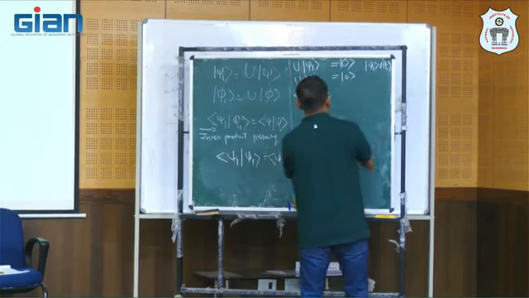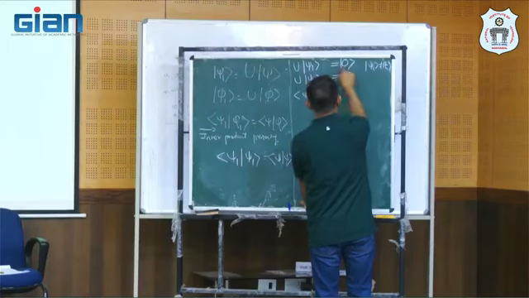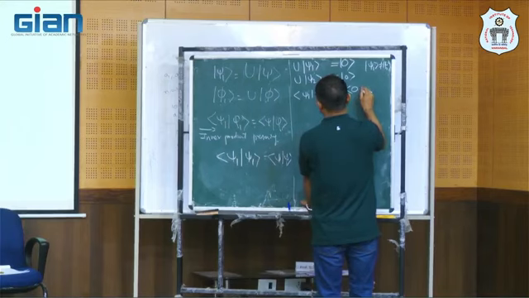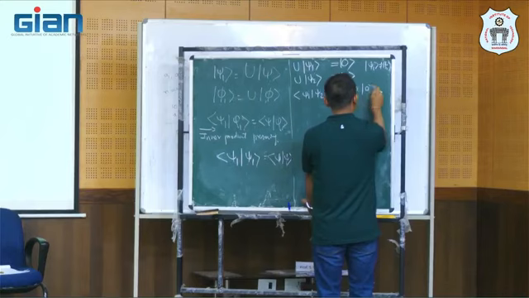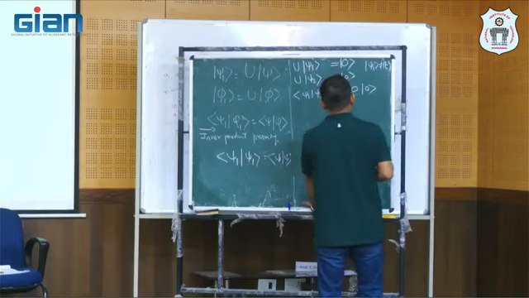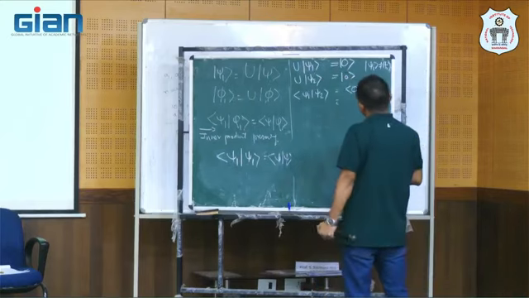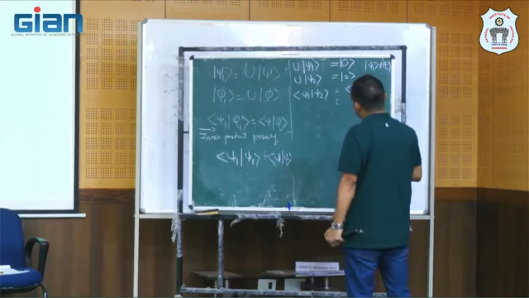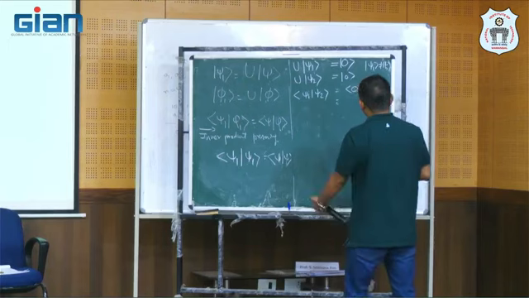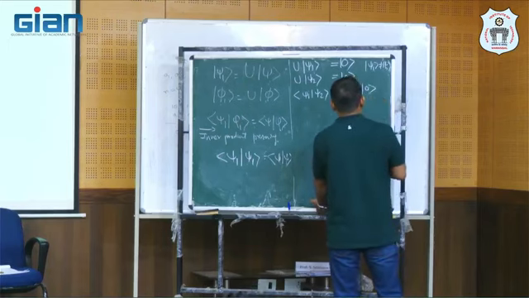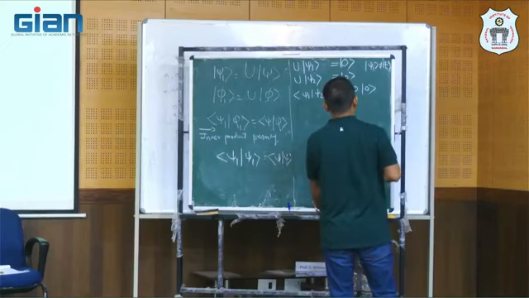Yes, very good. Using that formula, this is what we are going to get, inner product preserving. Now what is the inner product of 0 with itself? 1, correct.